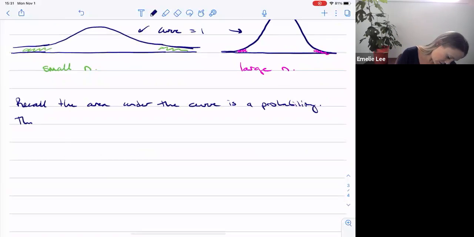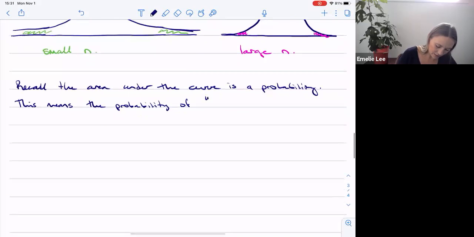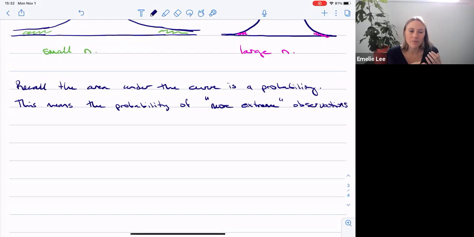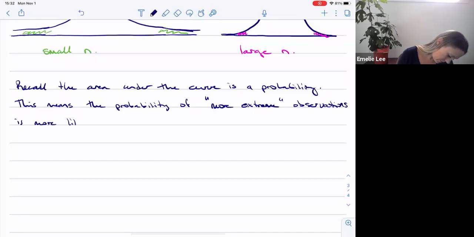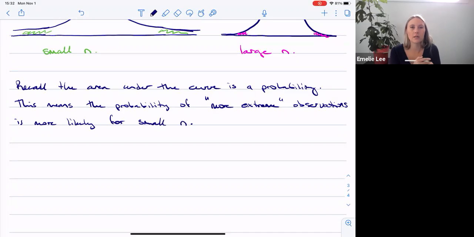This means the probability of more extreme observations, measured by their distance from the mean by the spread, is more likely for small n.